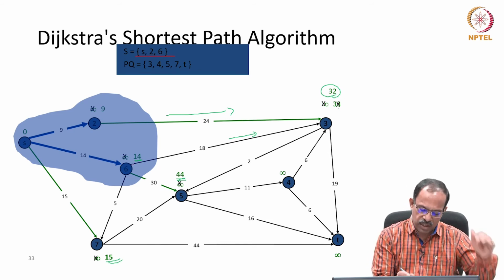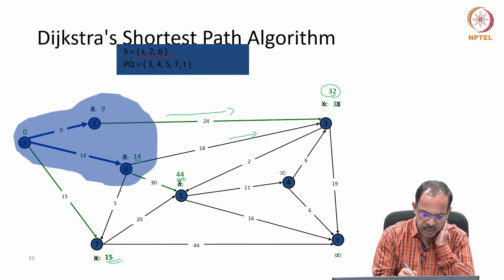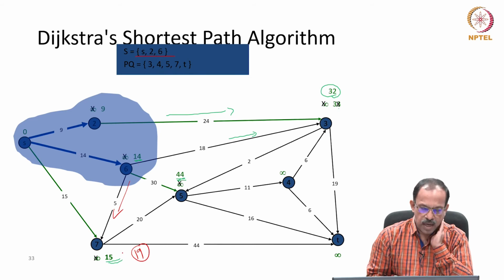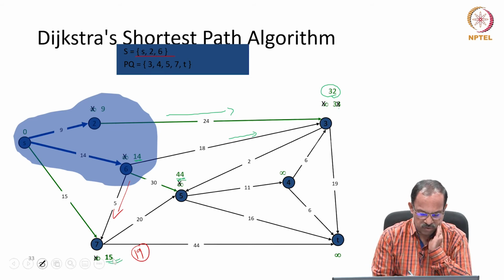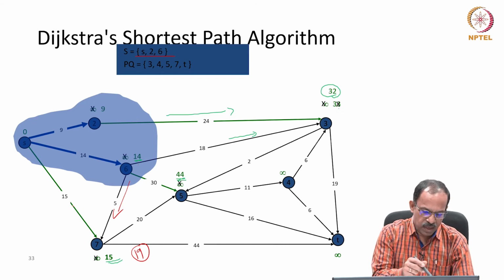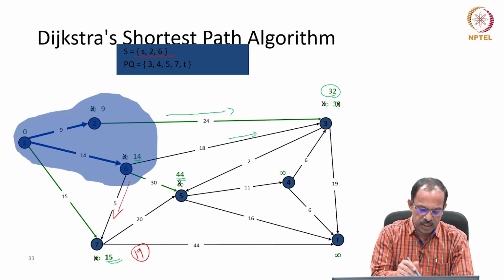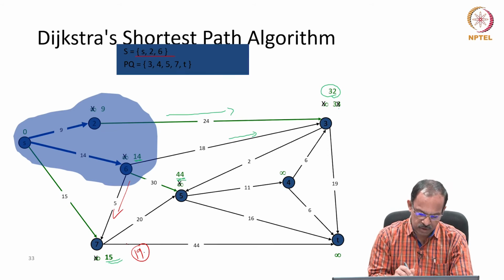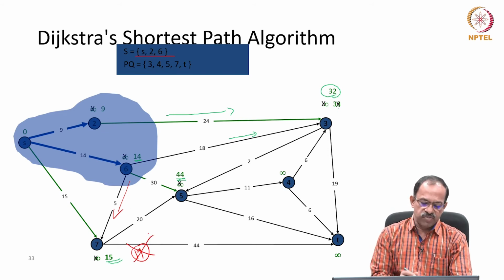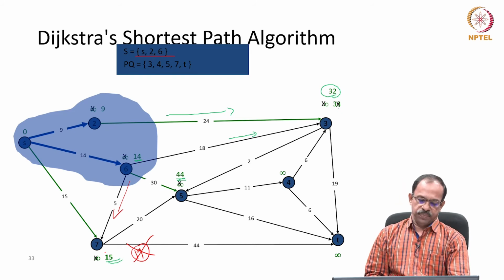Suppose from 14, this cost is 14 and it has to travel here, then it will become 19. But then you already have a cost of 15, so the lowest cost of travel from S to 7 is 15 already. If you take this path it will be 19, and therefore it will not consider this as the cost; it will still keep 15 as the minimal cost for node 7.